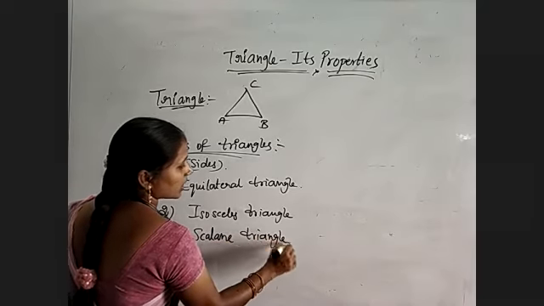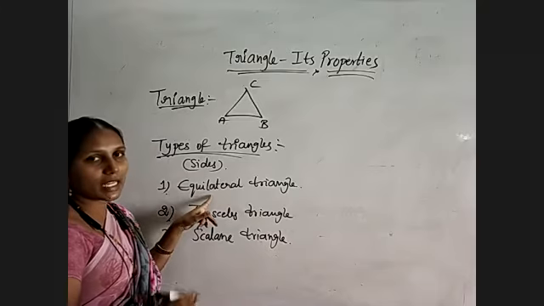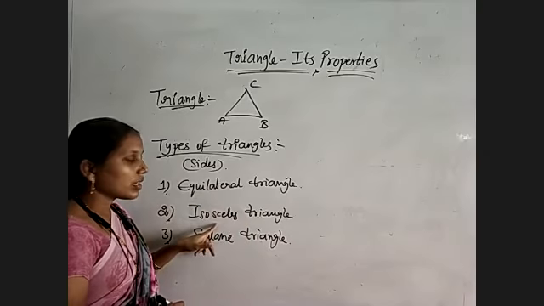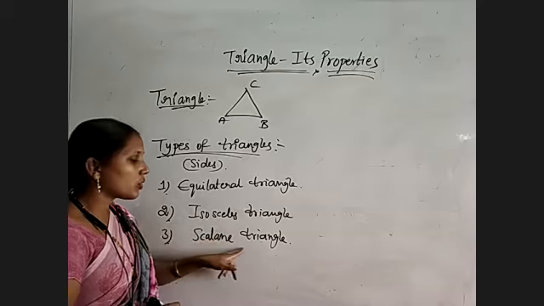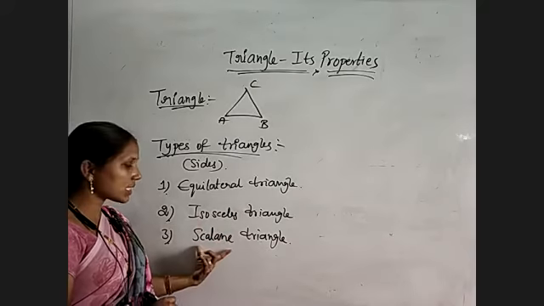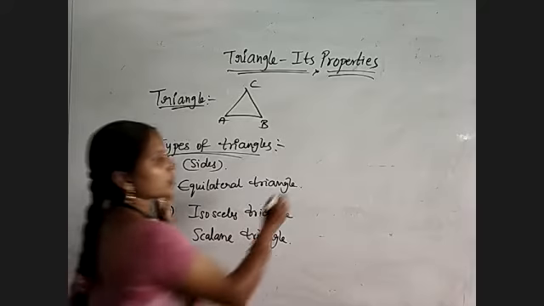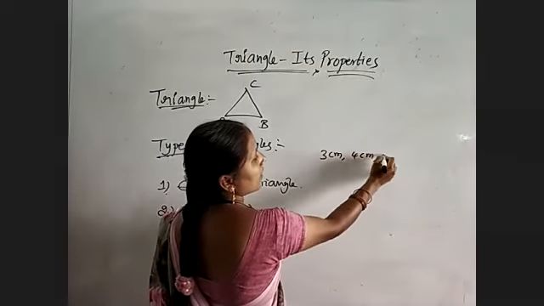About these three, just observe: if all three sides are equal, that is said to be an equilateral triangle. If any two sides are equal, then that is said to be an isosceles triangle. If no side is equal, that means all three sides are different, then that is said to be a scalene triangle. Suppose I am giving 3 centimeters, 4 centimeters and 5 centimeters.